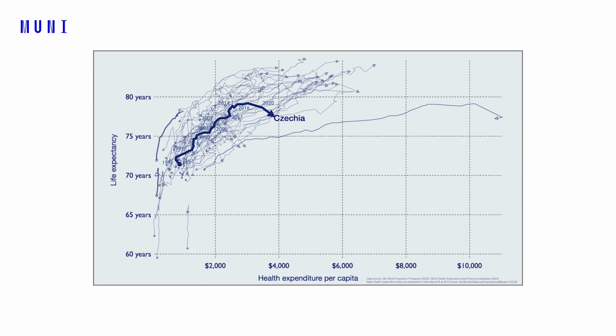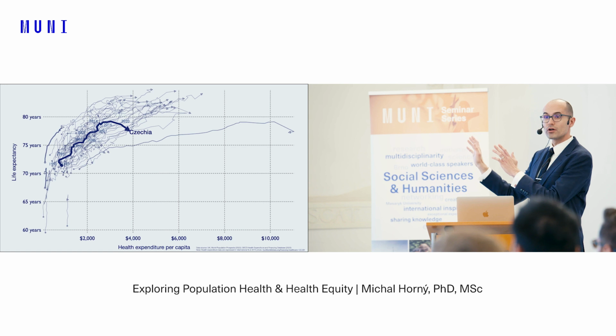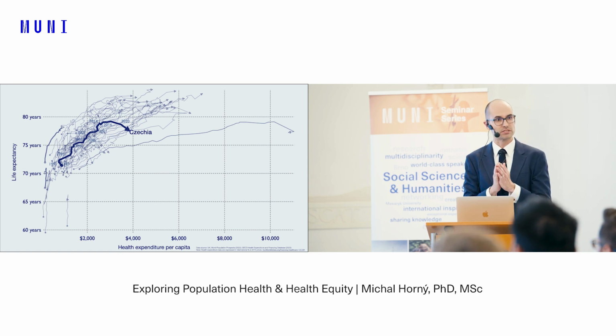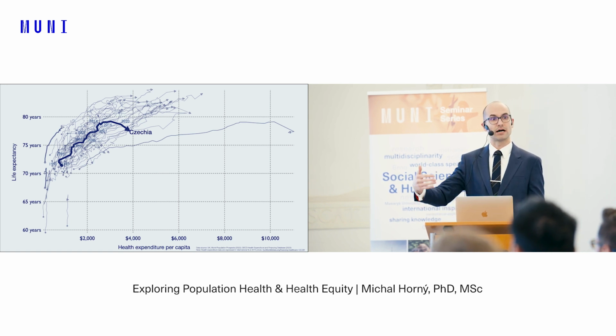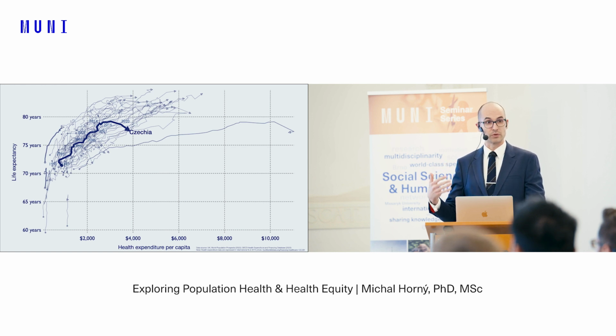Essentially, what the arrows show is changes in the relationship between spending and life expectancy over time. Czechia is highlighted in the boldface arrow, and before I get to that, overall, it seems that this relationship holds. That the more we spend, the better health we can achieve.